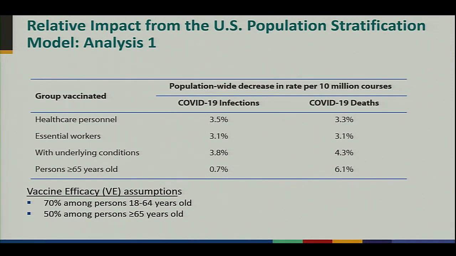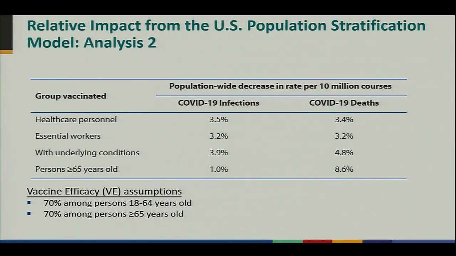You'll note that vaccinating healthcare personnel, essential workers, and individuals with underlying conditions resulted in reductions in both infections and deaths, whereas vaccinating individuals greater than or equal to 65 years old resulted in smaller decreases in COVID-19 infections and larger increases in COVID-19 associated deaths. Next slide, please.